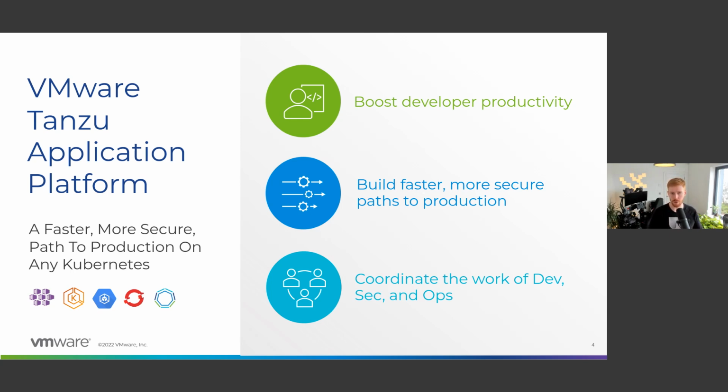And the beauty of Kubernetes is it allows you to run your platform or your application on any underlying infrastructure. So we support GKE, Amazon AWS EKS, Azure AKS, OpenShift, and of course, our own Tanzu Kubernetes distribution as well. So no matter what type of Kubernetes you have, TAP can run on top of it and can provide a platform for your business for getting your code to production. It's got three main tenets. The first one is boost developer productivity.